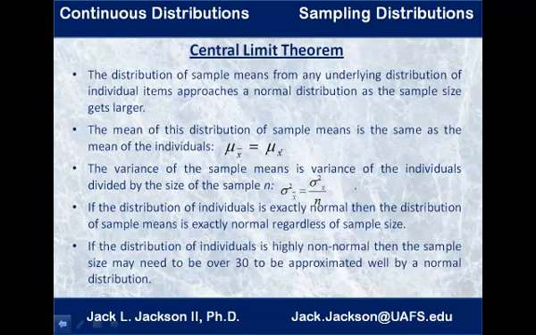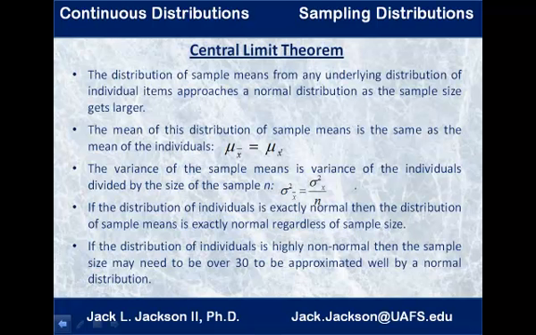Okay, but if we're doing sample means in particular, we can start with any underlying distribution, and the more we let that sample size increase, the more the distribution of sample means approaches a normal distribution. And the mean of this distribution of sample means is the same as the mean of the distribution of individual values.